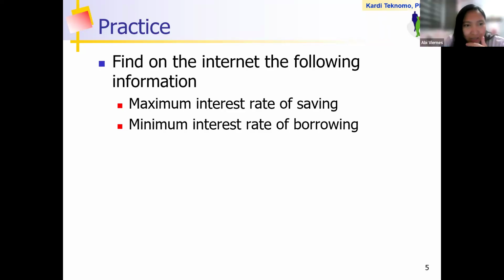It's expensive. 14.4% per year. So if you borrow, it's about 14.4%, and if you save, you only get less than 1% practically. That's very unfair. The bank is getting too much, more than 14%.